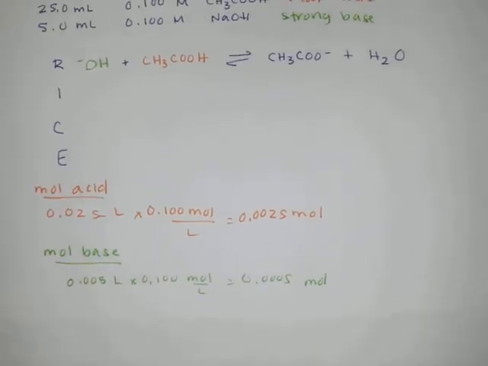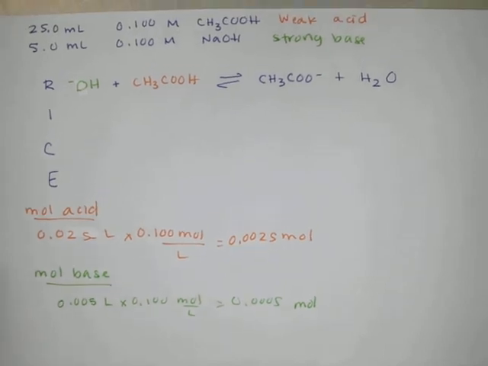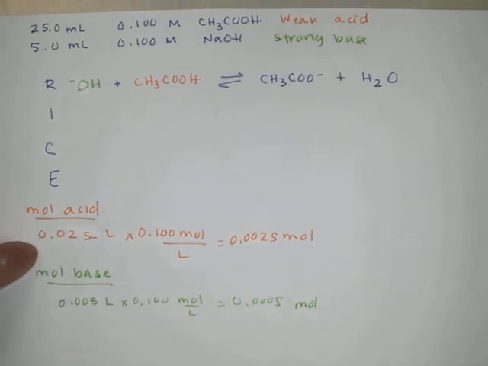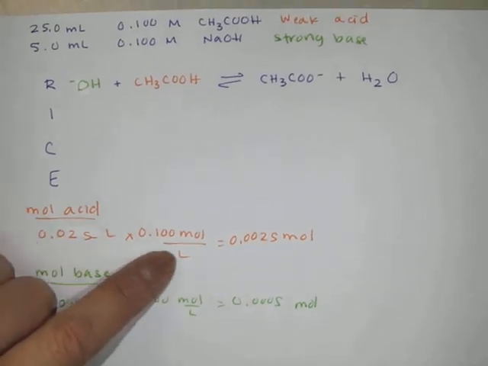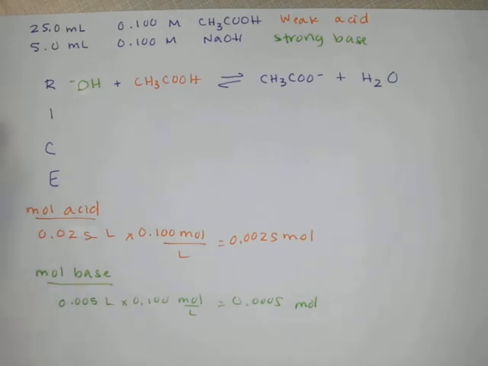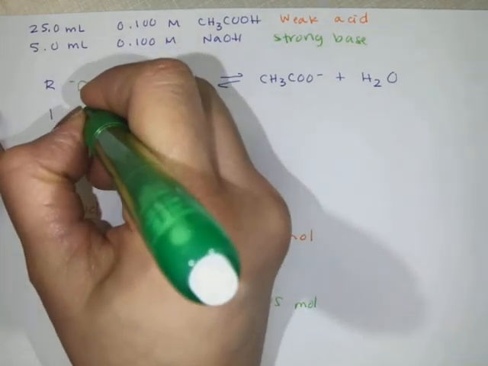Okay, so I've done the calculations here just to save some time, but the moles of acid process is the same, 0.025 liters times the concentration, and then 0.005. So just fill in your table.